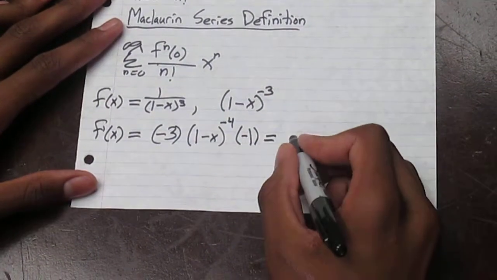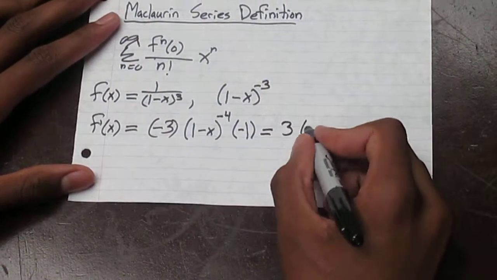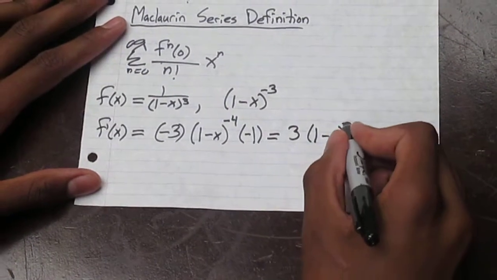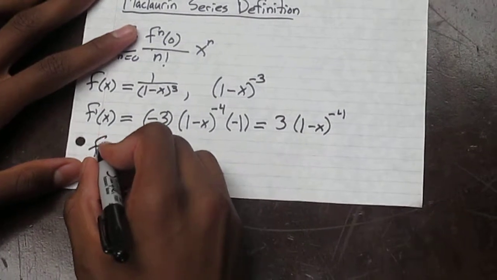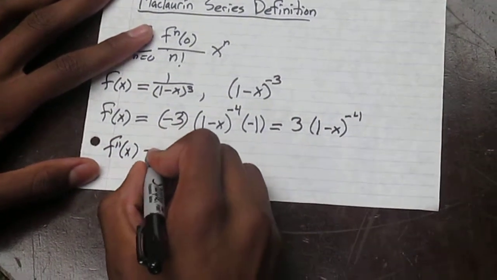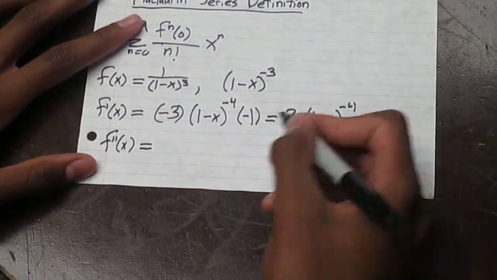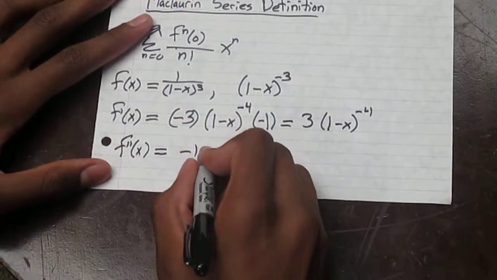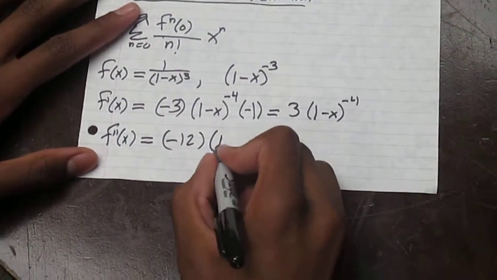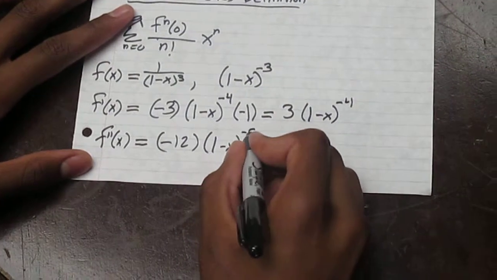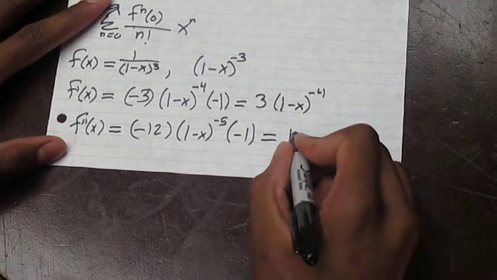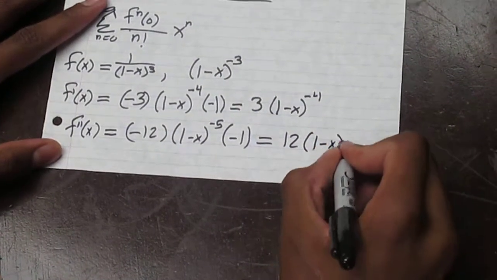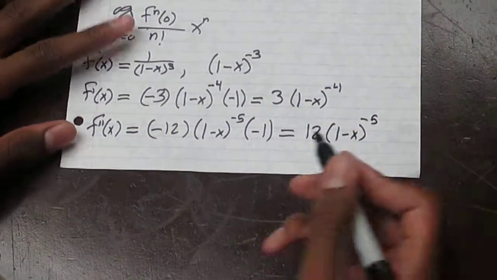So it equals 3 times 1 minus x to the negative 4th. And then the second derivative equals, take negative 4 down, so negative 12 times 1 minus x to the negative 5th times negative 1, which equals 12 times 1 minus x to the negative 5th.